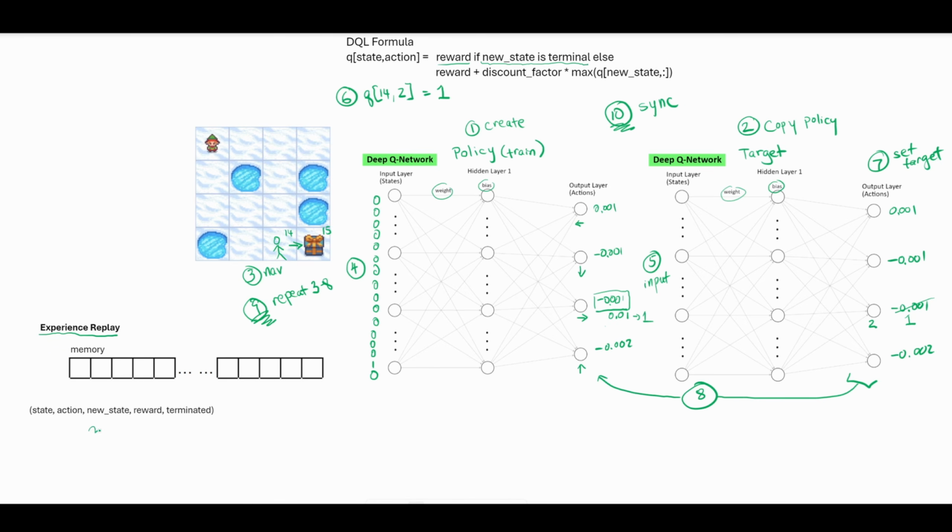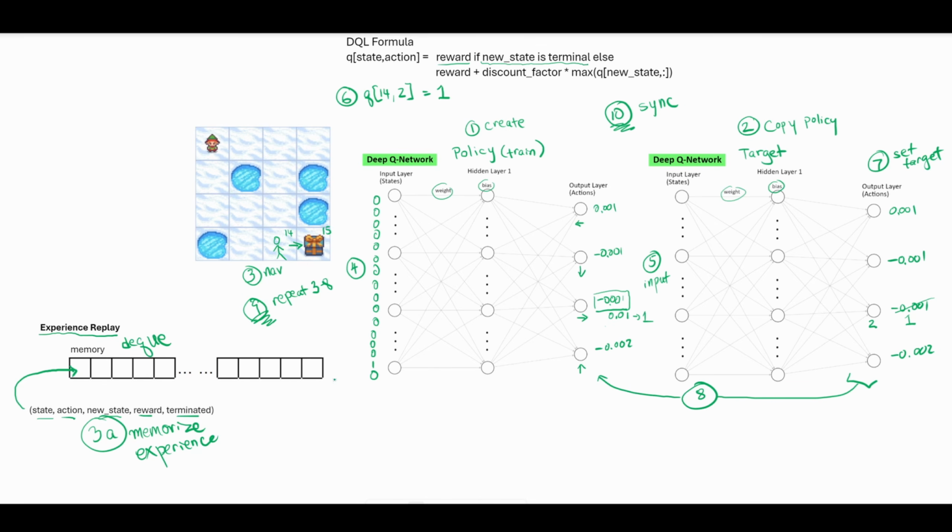We need a step 3a where we memorize the agent's experience. As the agent navigates the map, we're storing the state that it was in, what action it took, the new state that it reached, if there was a reward or not, and if the new state is a terminal state or not. We take that and insert it into the memory. And the memory is nothing more than a Python deque.